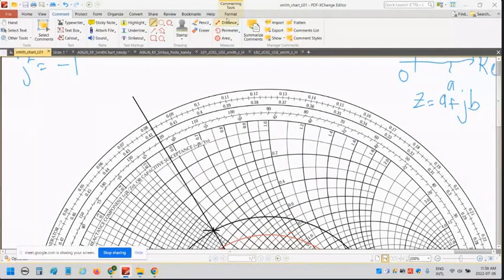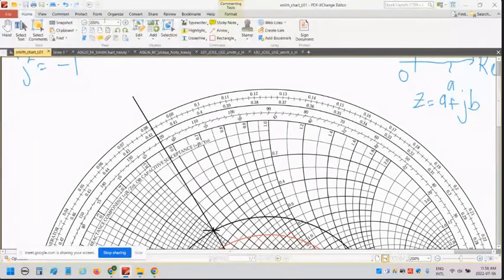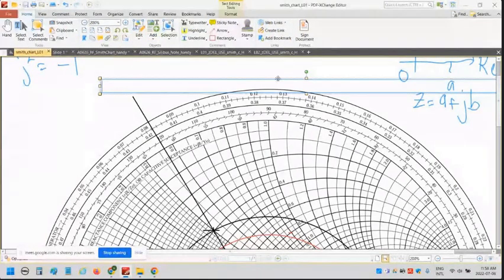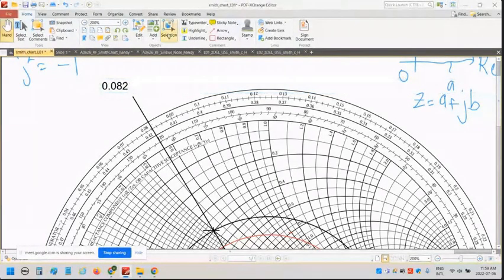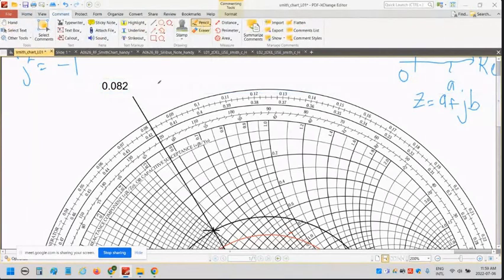So here we can say that this one is 0.082 lambda.